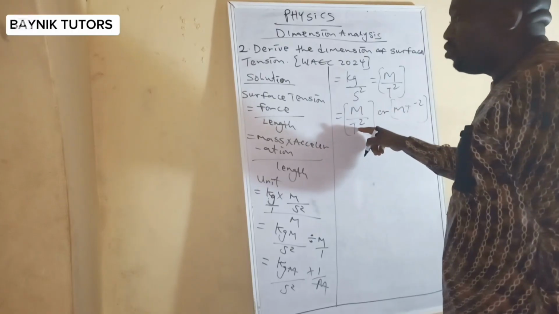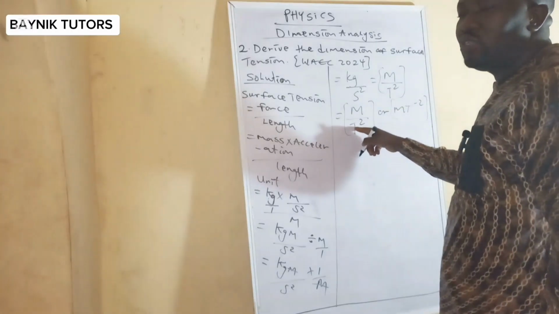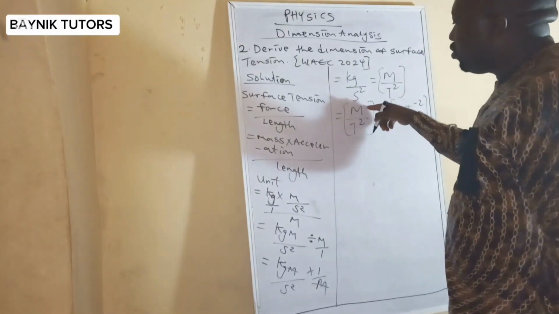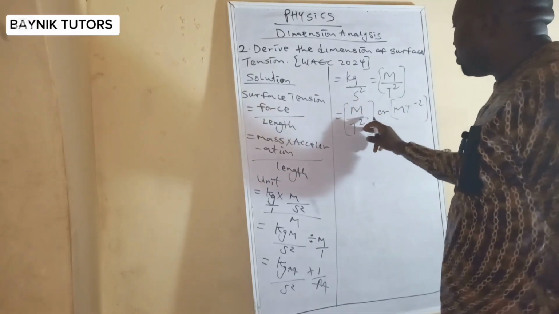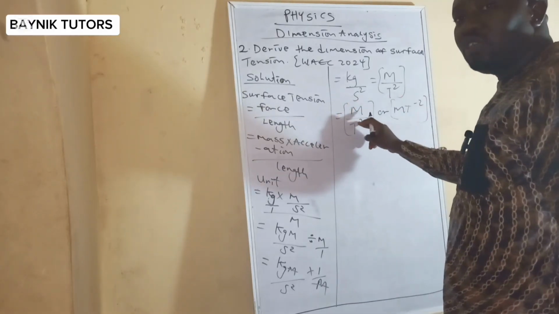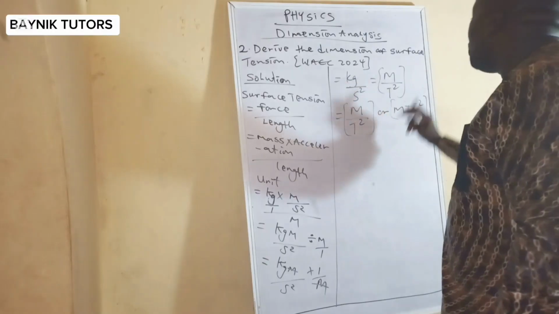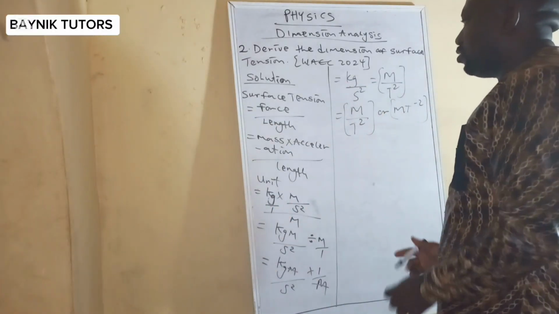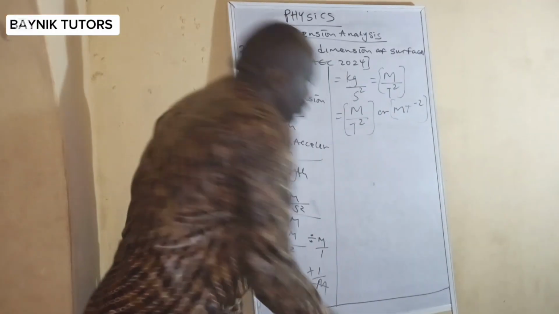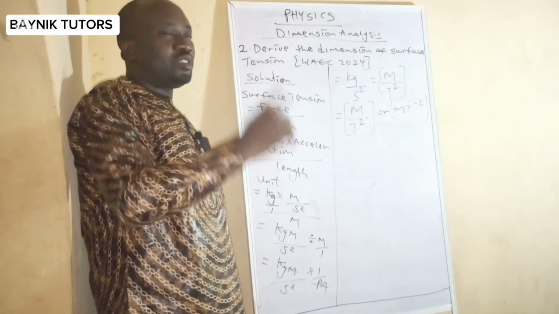That means the denominator dimension, for it to become the numerator dimension, the positive power must become negative. If it is negative, when you bring it to the numerator, it becomes positive. So that's all. We need to know from one quantity how one quantity can lead to another.